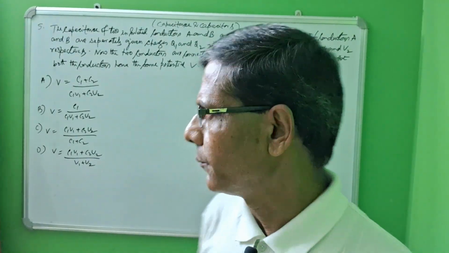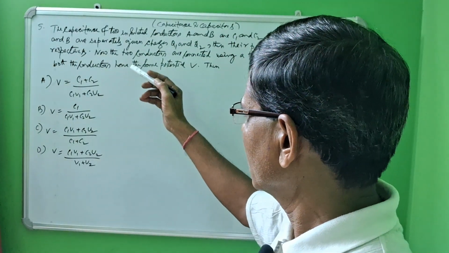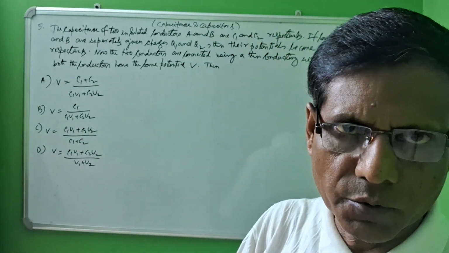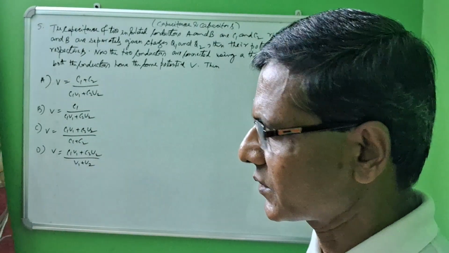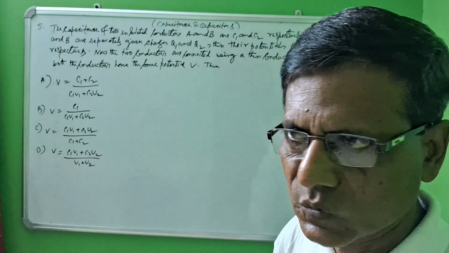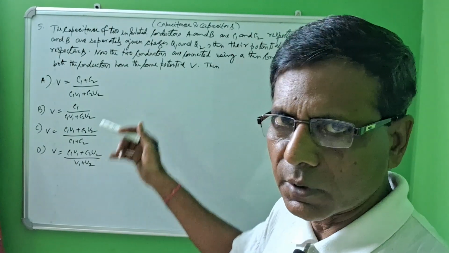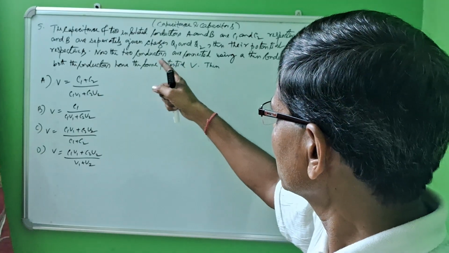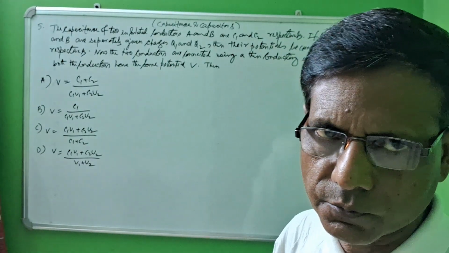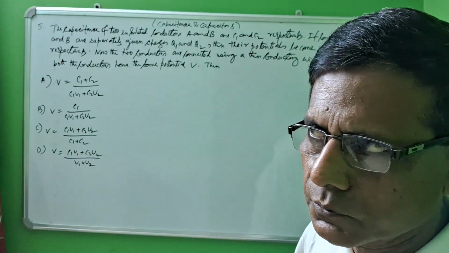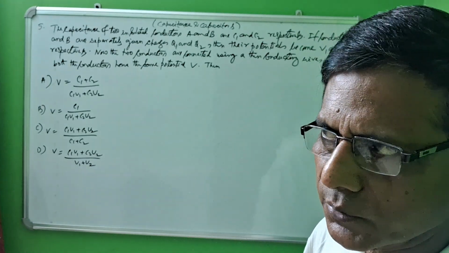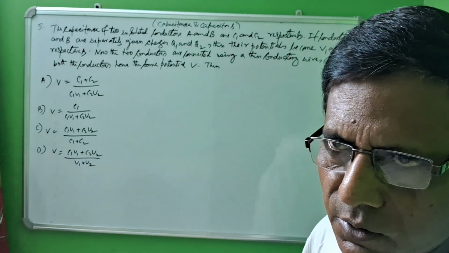Now this problem is the charge distribution between two capacitances. According to the problem, two insulated conductors. While insulated, there is no leakage of charge from the capacitors.